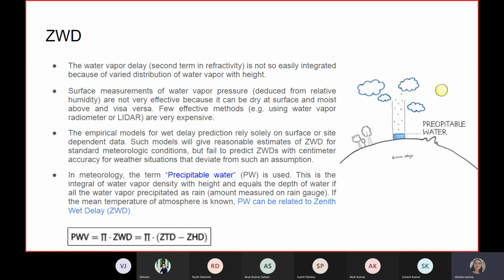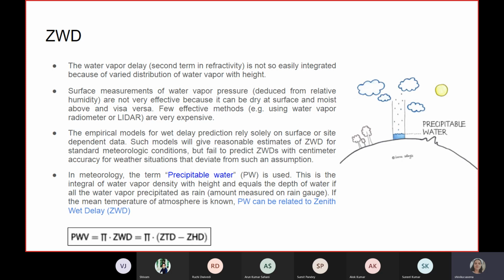Why are we able to use these empirical models successfully to find the hydrostatic delay? Because dry constituents of the atmosphere do not change very much with height. Mainly pressure is changing according to that hydrostatic equilibrium phenomenon, so that is also fixed using a math equation.